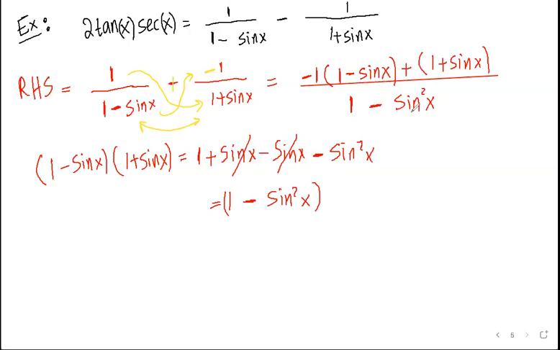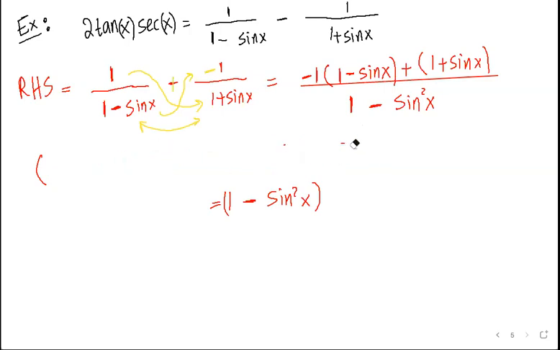So what is 1 minus sine square of x? Cosine square, exactly. So I'm going to erase all of this. So this 1 minus sine square is cosine square. Now here I can simplify it more.